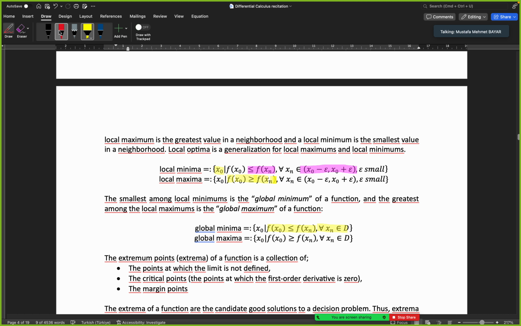So at first, I was restricted to the neighborhood of x0. Now I just expand this along the domain. So global means best. That's it. And local means better. Maybe this helps.